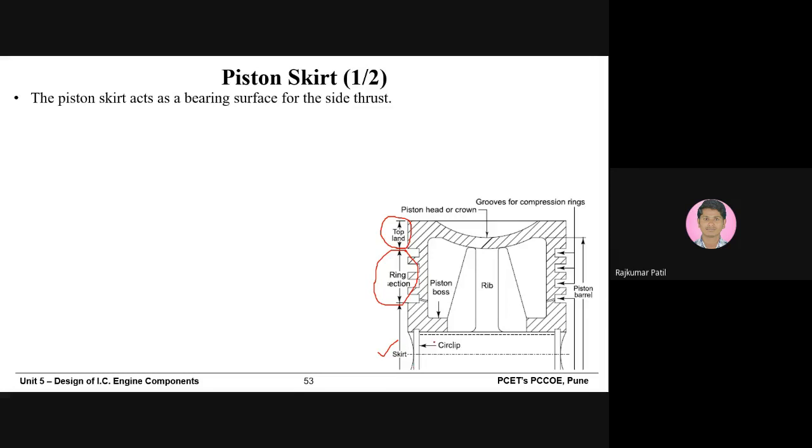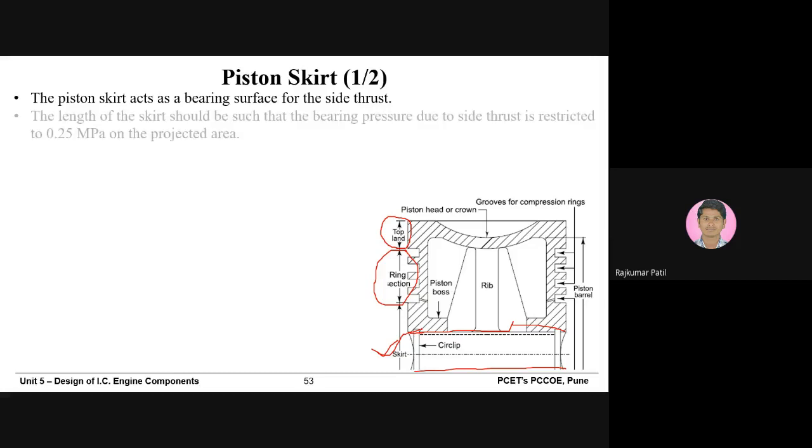In the skirt you can see a piston pin, and this piston pin connects the piston and the connecting rod. When the connecting rod moves, side thrust is generated, and the skirt absorbs that side thrust.